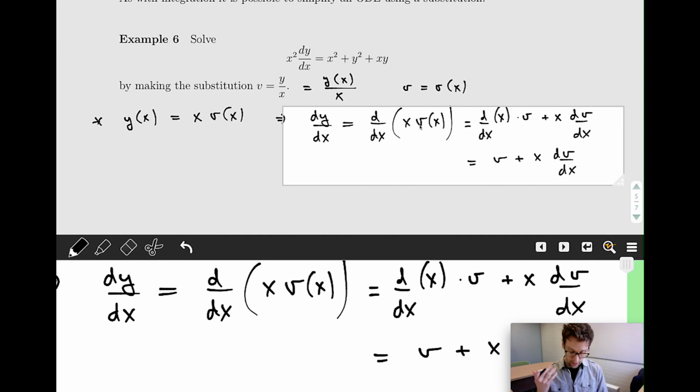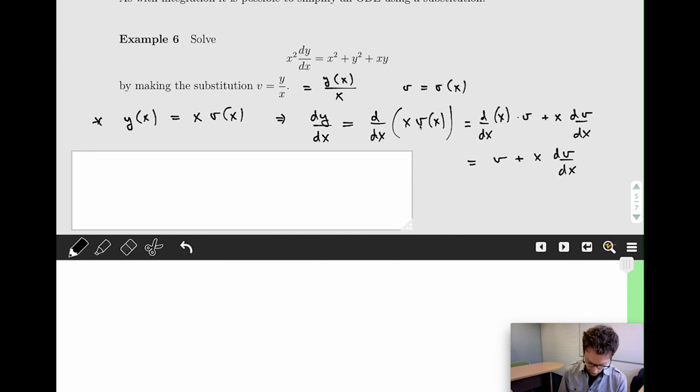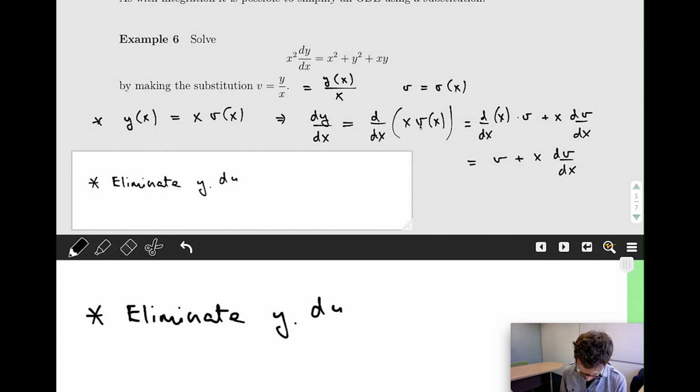Okay, I found y as a function of x and v, and I found dy dx as a function of x, v, and dv dx. I can substitute those now in to eliminate y from my equation and express it all in terms of v. So we're going to eliminate y and dy dx.